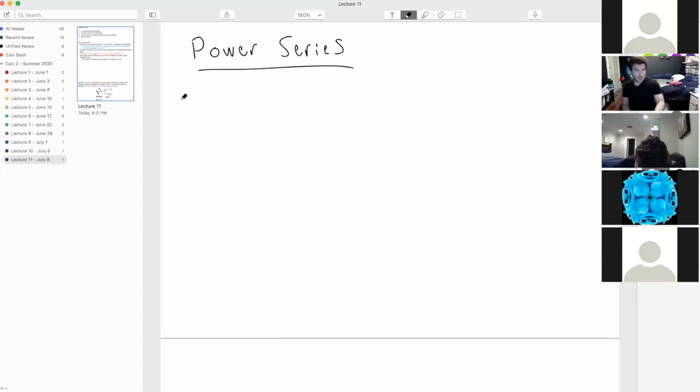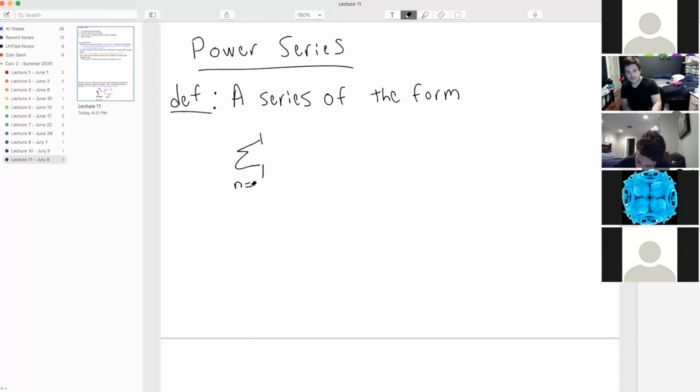All right, so definition. A series of the form sigma. Our series is now going to start at n equals 0, as opposed to previously starting at n equals 1.